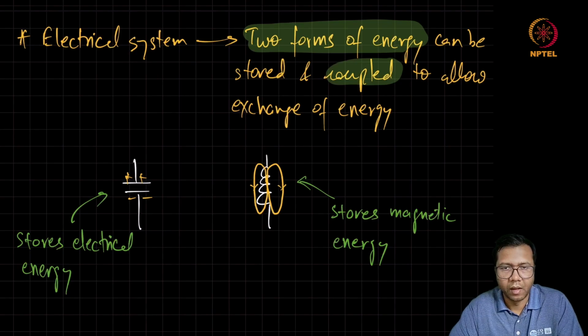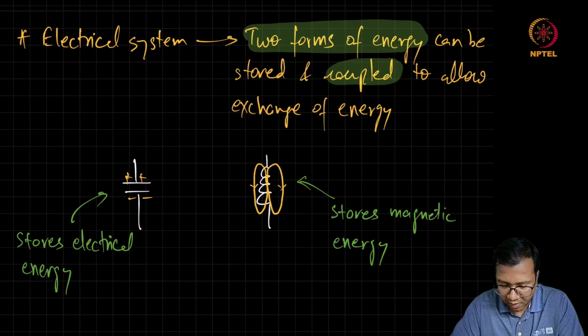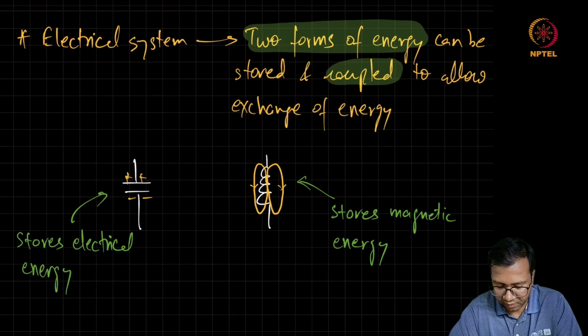So if we can couple these two elements, then it is possible that we can obtain a system where these two energies can be exchanged back and forth, resulting in an oscillatory output.